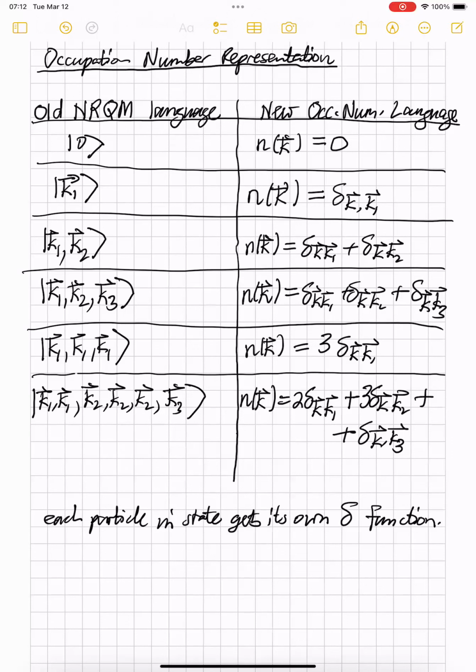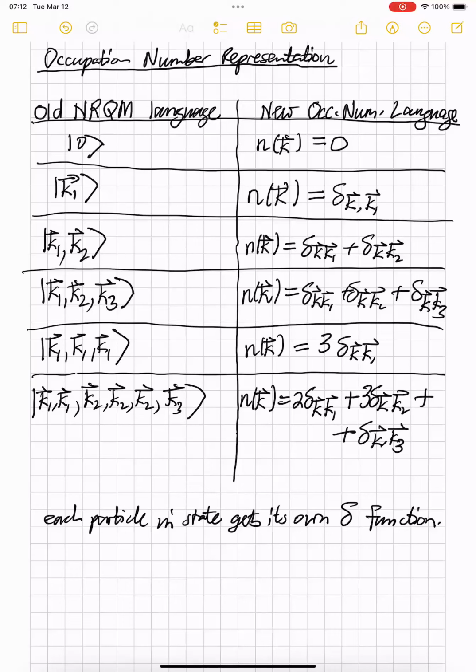But what should be clear to you now is that there's an absolutely transparent way to translate any state in the Fock space basis into an occupation number function, and any occupation number function can be translated into a Fock space state. So these are 2 completely equivalent ways of discussing the physics.